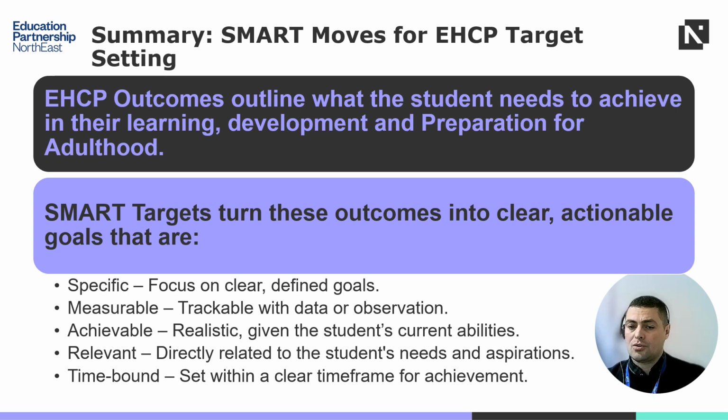They're measurable, so they're trackable with data or observations. They're achievable, so they're realistic given the student's current abilities. They're relevant, so they're directly related to the student's needs and aspirations. Remember that the aspirations bit is key because it's part of that motivation and willingness. And then they're time bound, so they're set with clear time frames for achievement.